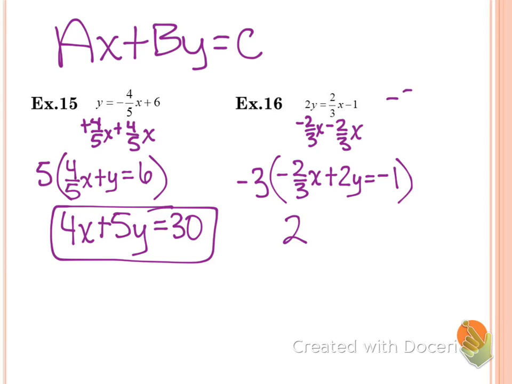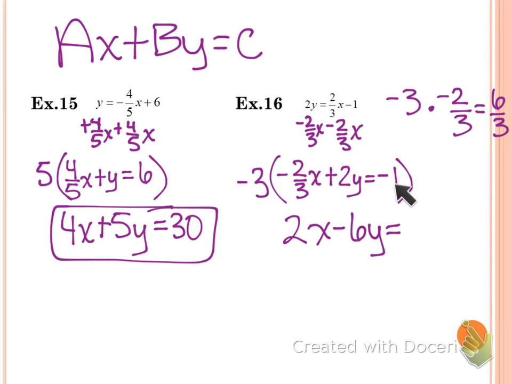If you take negative 3 times negative 2/3, that's a positive 6 divided by 3. That's how we get the 2. Or you can think about the 3's canceling each other out. So we have a positive 2x. Negative 3 times positive 2 is negative 6y. Negative 3 times negative 1 is a positive 3. There we go. It's in standard form.